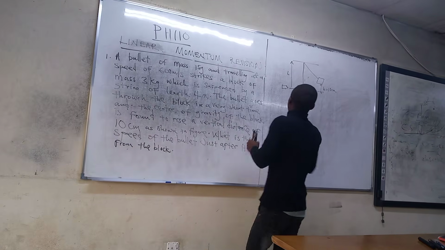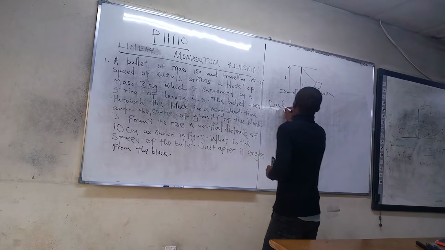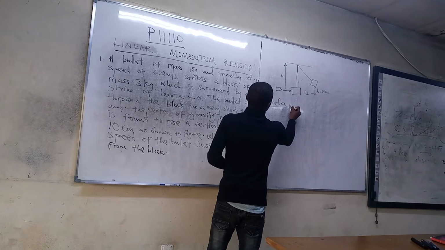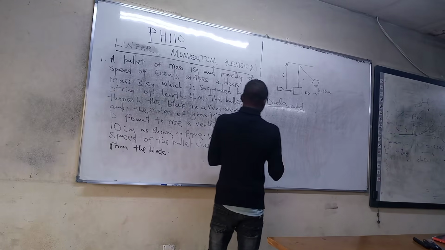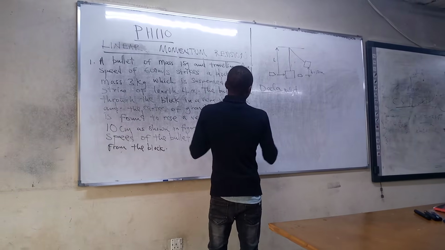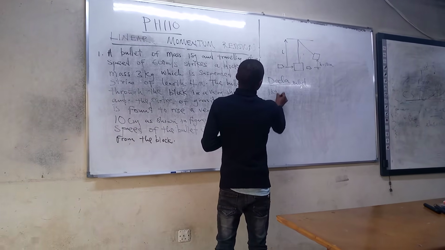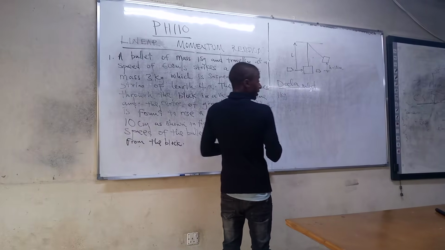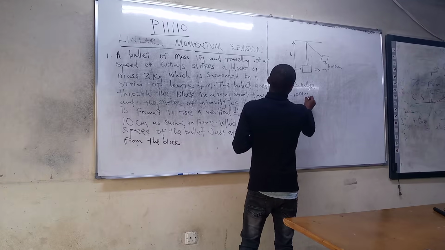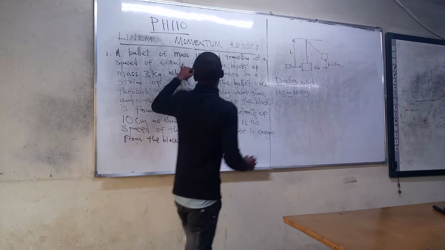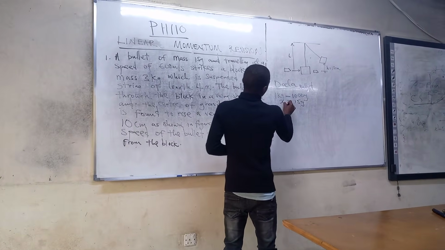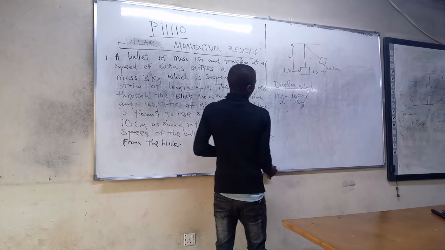Data of a bullet. So we know that 1 kg is equivalent to 1,000 grams. And you have been given the mass of the bullet to be 15 grams. So I'll put X there and then grams. They are going to cancel.